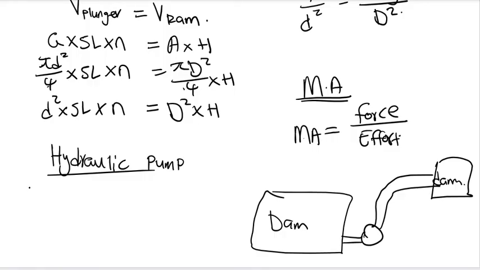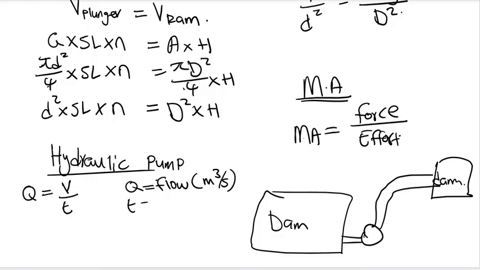We say Q equals V over T. Q is the flow in meters cubed per second, T is time in seconds, and V is volume in meters cubed.